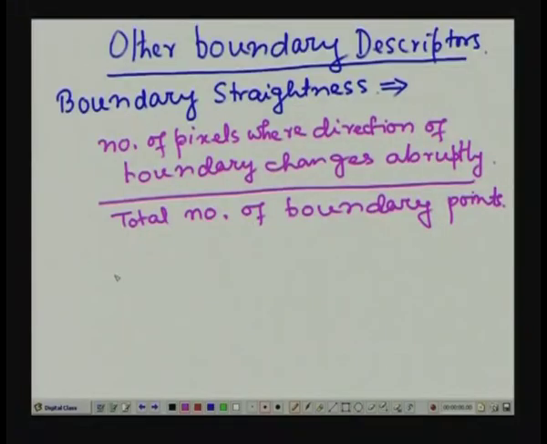Now, the question is how to find out which are the pixels where the boundary changes abruptly. So, if I consider, say, these are the set of points which are on a boundary, and I take this ith pixel where I want to find out whether the boundary changes abruptly at this ith pixel or not.